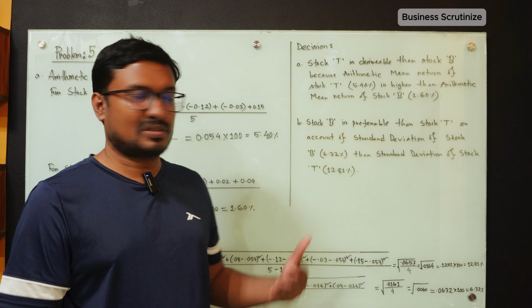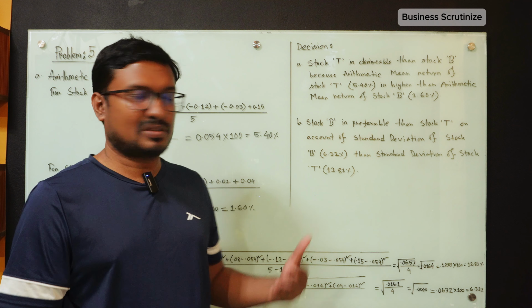So (0.19 minus 0.054) whole square plus (0.08 minus 0.054) whole square plus, for the third year's return, (0.12 minus 0.054) whole square plus (minus 0.03 minus 0.054) whole square. In this way, for the last year, the fifth year's individual return, (0.15 minus 0.054) whole square.